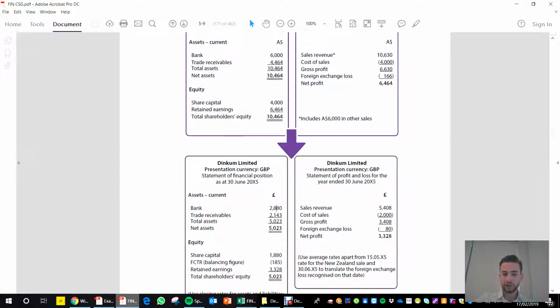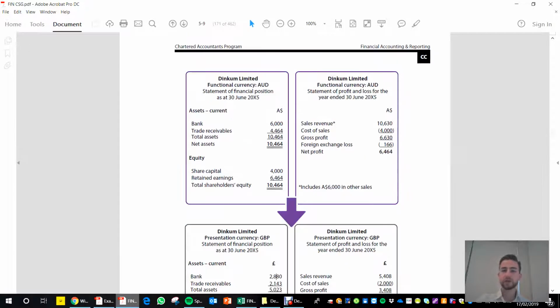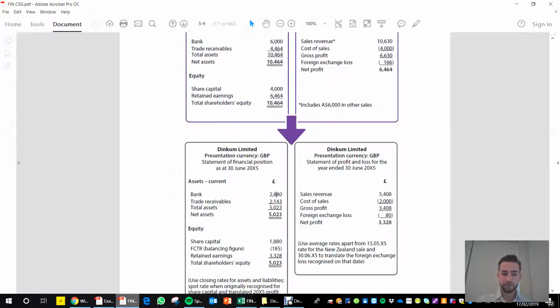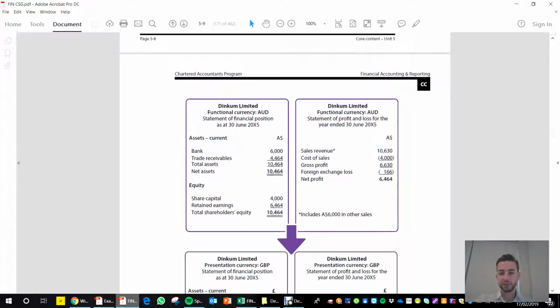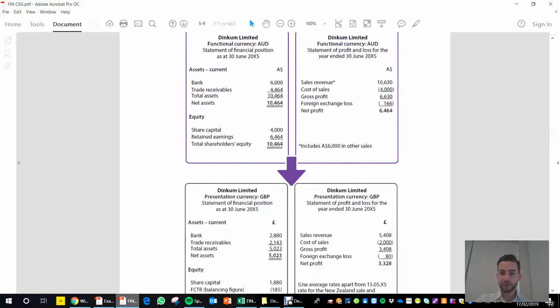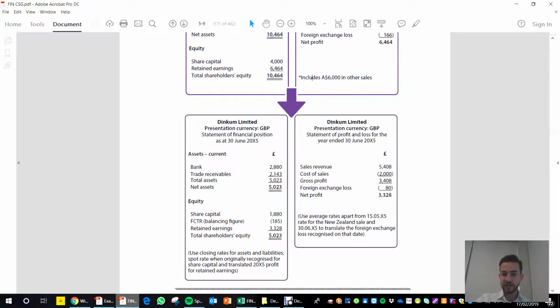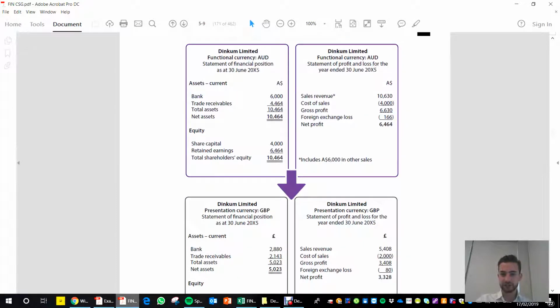We're going to leave the equity, because what we have to do is insert the difference between all of our exchange rates through the foreign currency translation reserve. Okay, so let's come back to the equity. Let's do the P&L now. So we know that sales revenue, we're going to convert the transactions at the date of the actual transactions themselves.